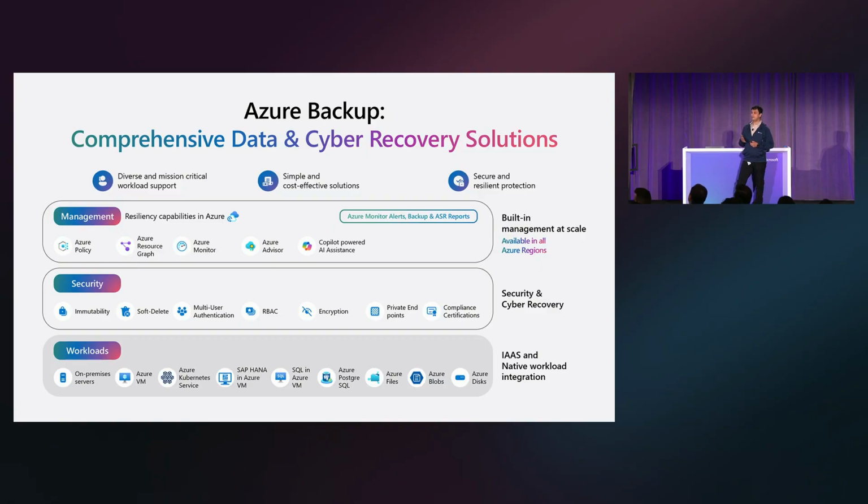Azure Advisor is tightly integrated as well. From a data resiliency standpoint, for most of these workloads, if you do not have data resiliency configured, it will come back and let you know. And then the Copilot assistance, which I will show you after this, is something that we are excited about, and we are continuing to build and accelerate to help you become more resilient by default.